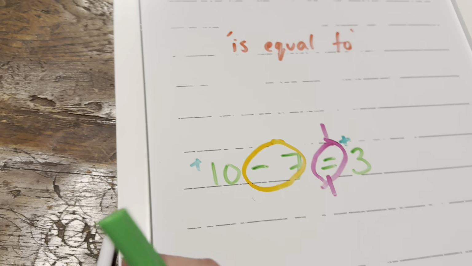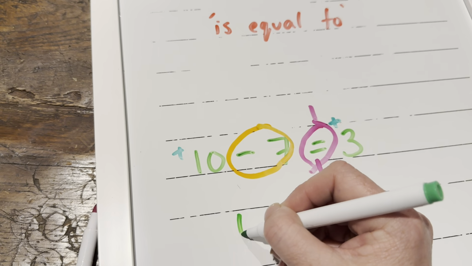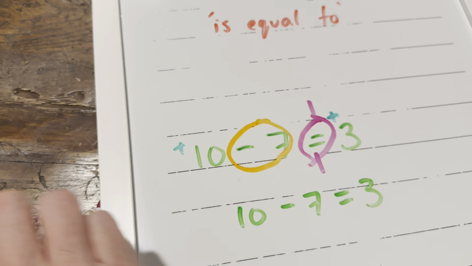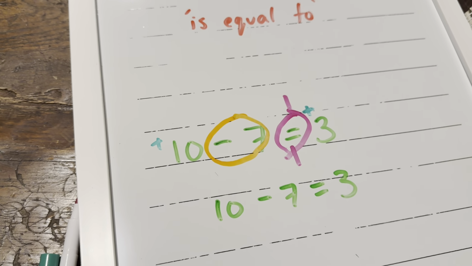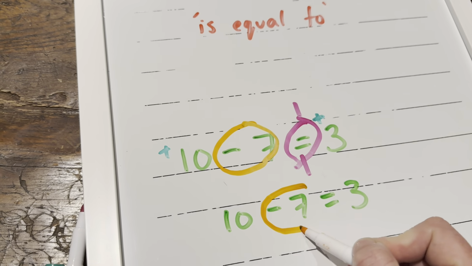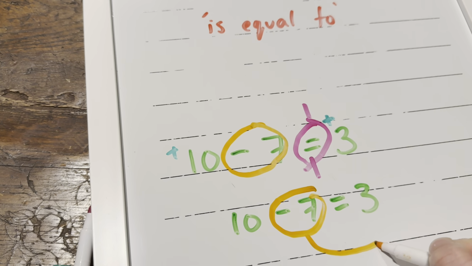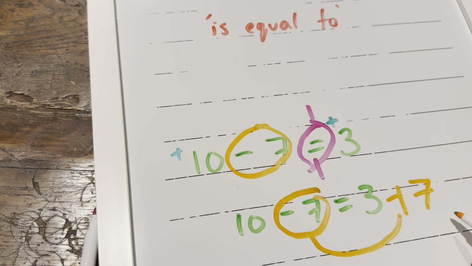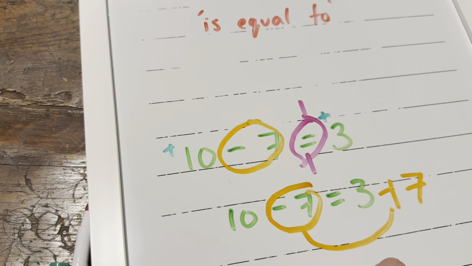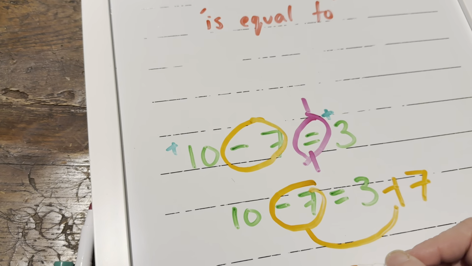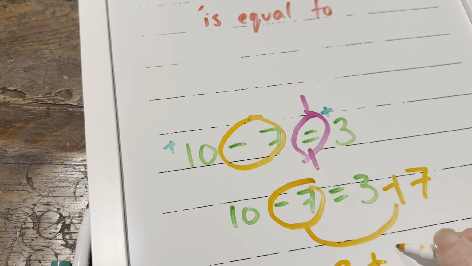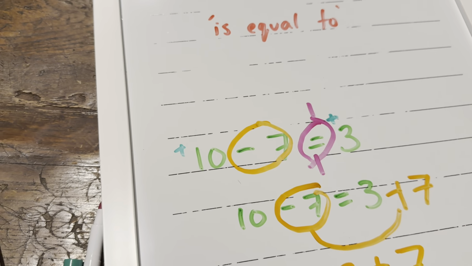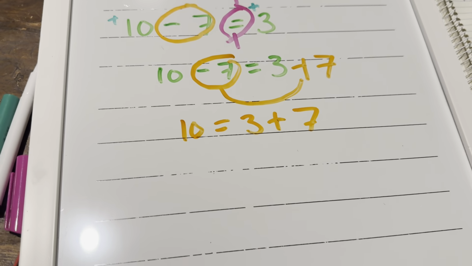So, if we were going to move our minus 7 to the other side of the equation, it would need to become a plus. So our new equation is 10 equals 3 plus 7. And of course we check that it still is correct, and it is.